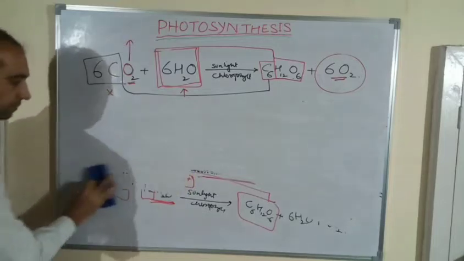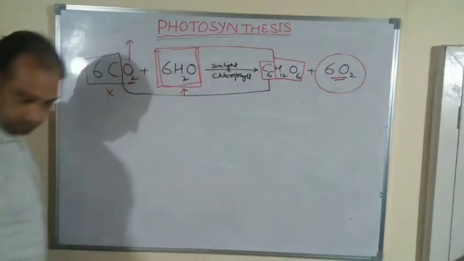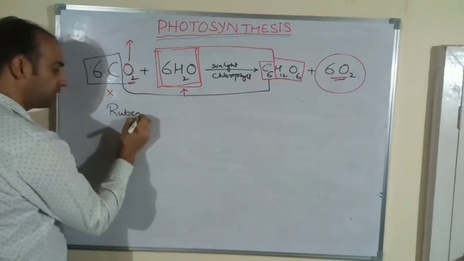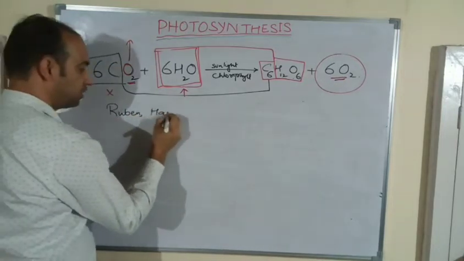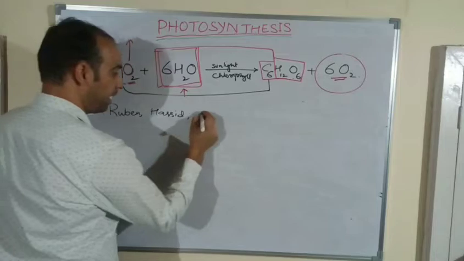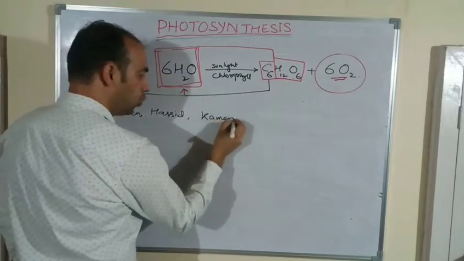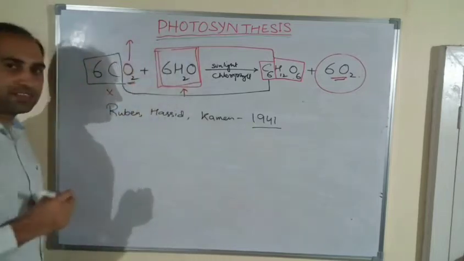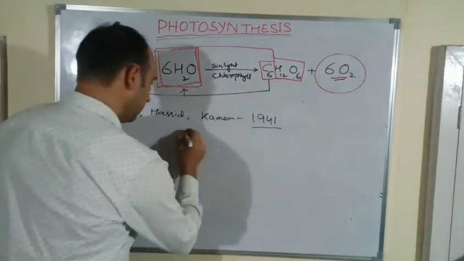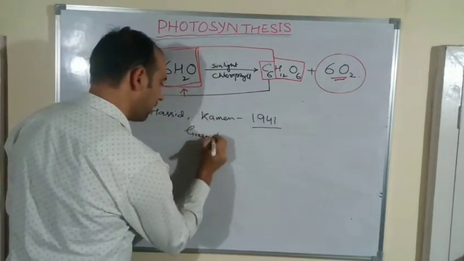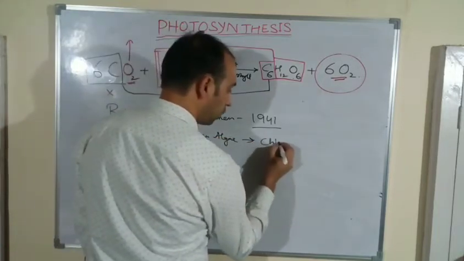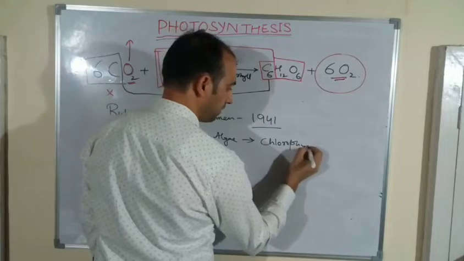They were three scientists. One was Ruben, another was Hassid, and Kamen, who in 1941 performed an experiment with a green algae, or you can say chlorophyceae.